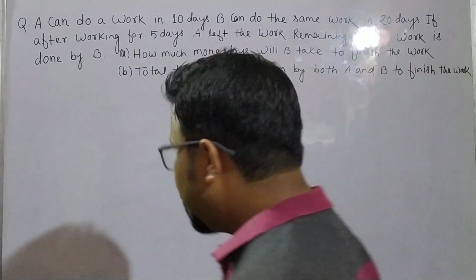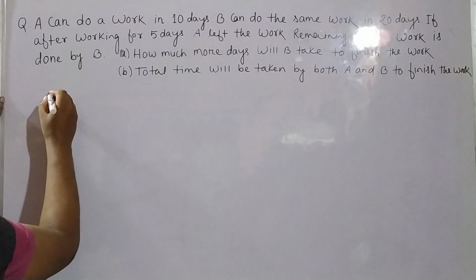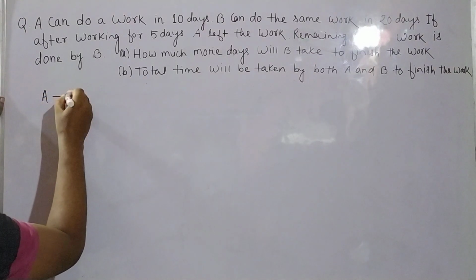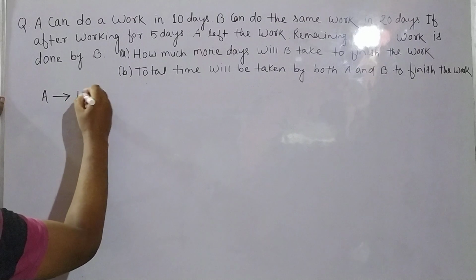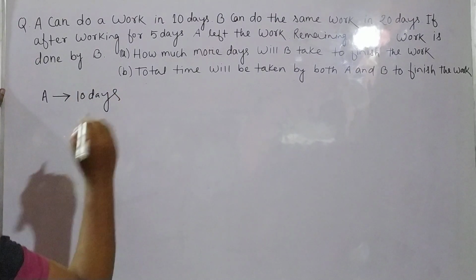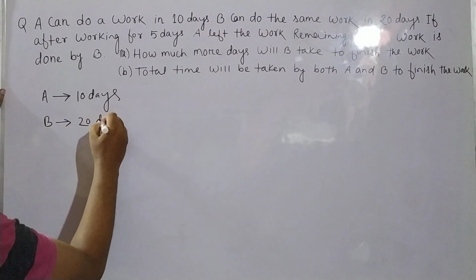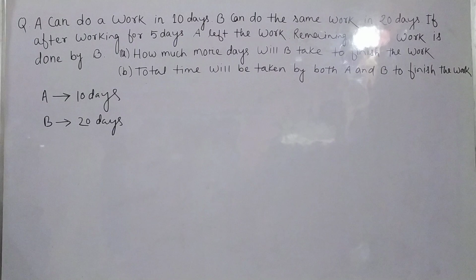Question is very simple. We will go first. A can do a work in 10 days. Very nice. Next, B can do the same work in 20 days. Then what is given? After working 5 days A left the work.